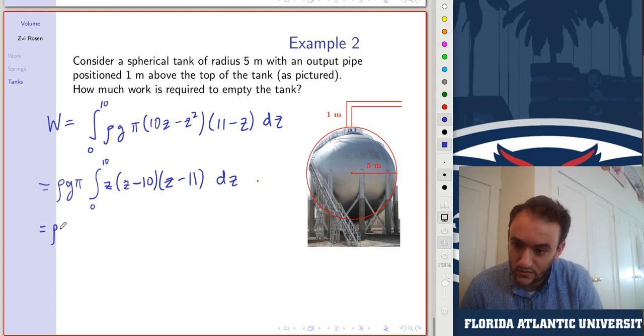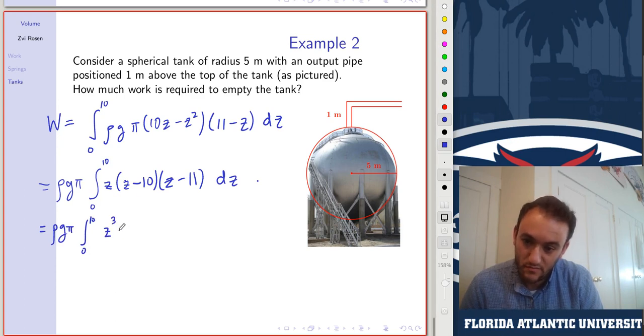That equals rho g pi, integral from 0 to 10, of z cubed minus 21z squared plus 110z dz.